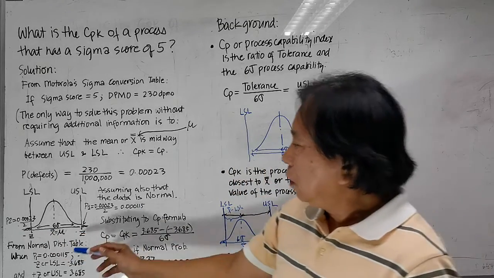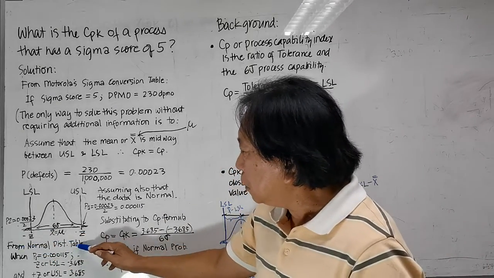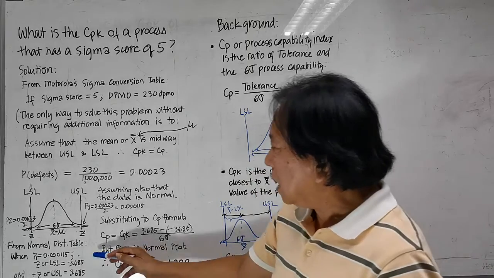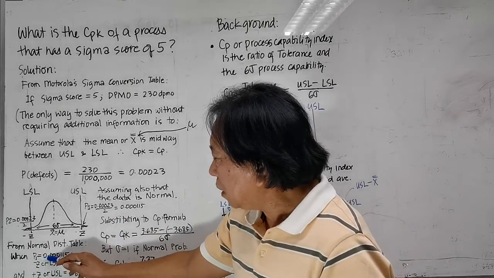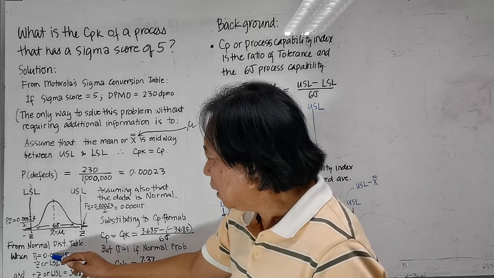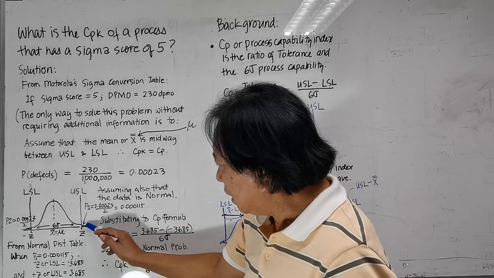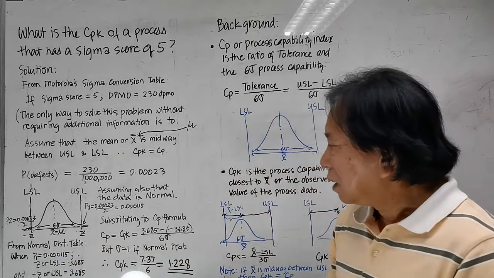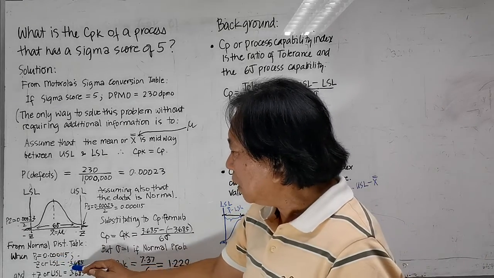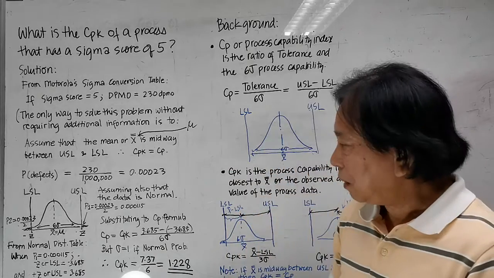And if you look at the normal distribution table, you'll find that when the value of P, or the probability of the data, is 0.000115, the value of Z is going to be negative 3.685.